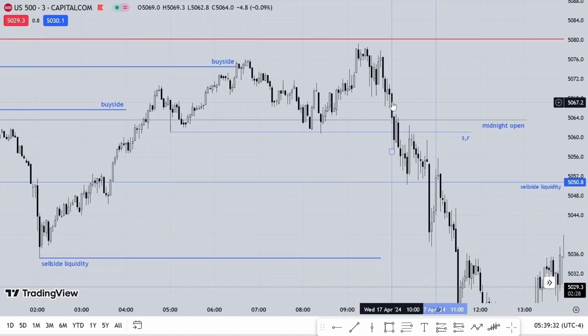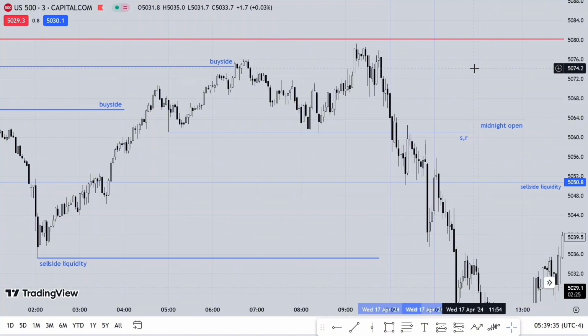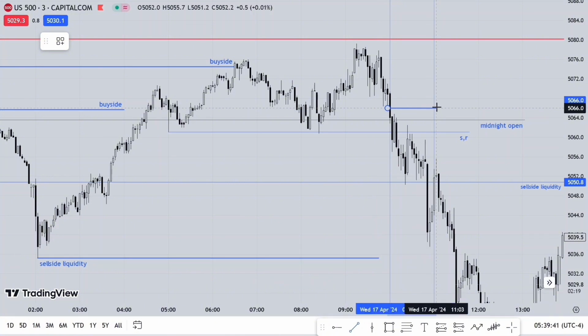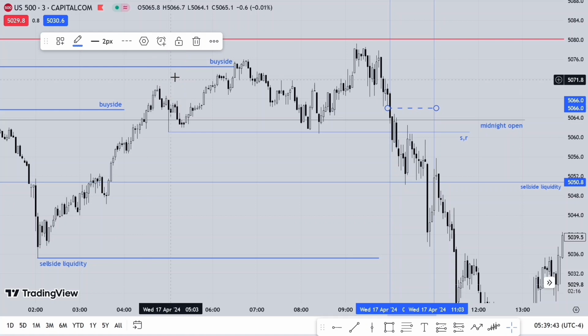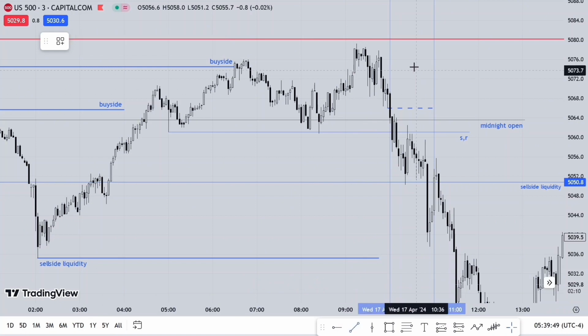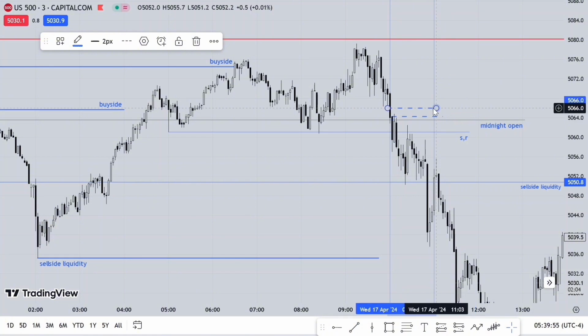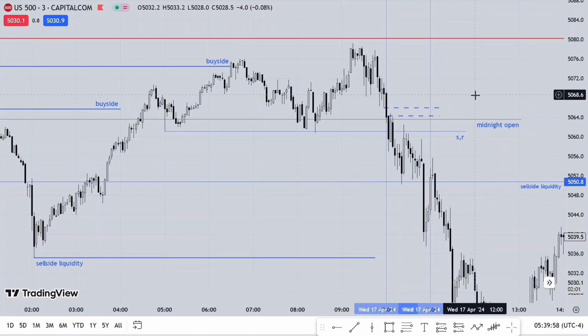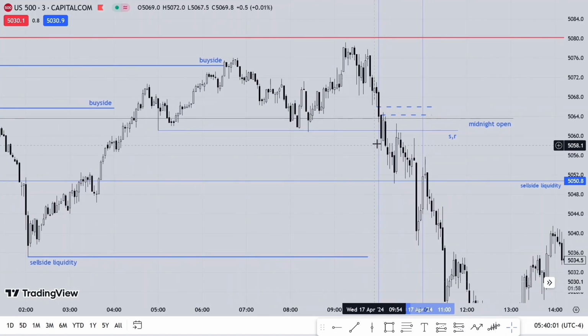During the New York window, during the silver bullet window, that is the 10 a.m. to the 11 a.m. window, we had price trade into this fair value gap here, inside of this imbalance. When price traded inside this imbalance with this 10:06 candle here, we had a quick drop down as a change in state of delivery.